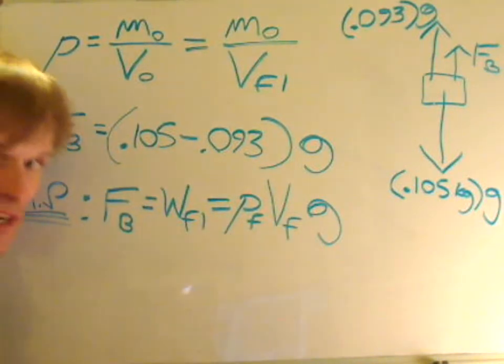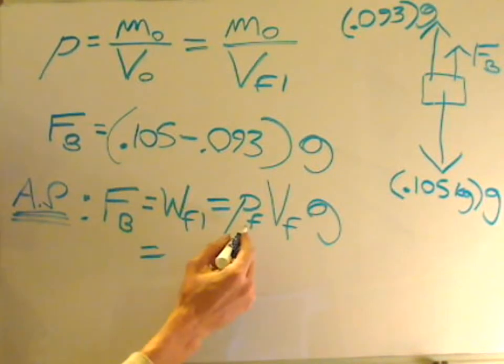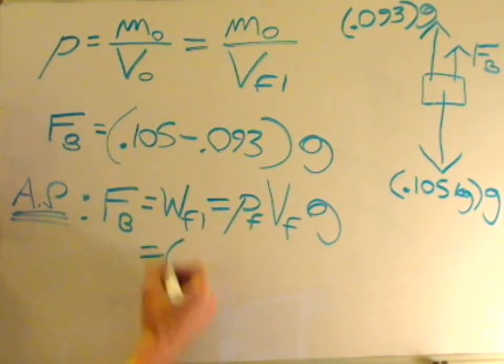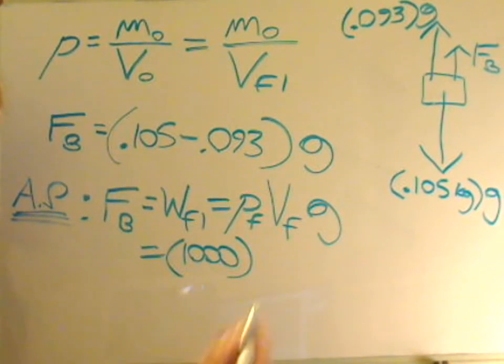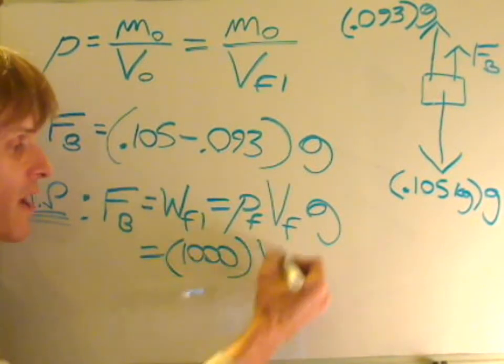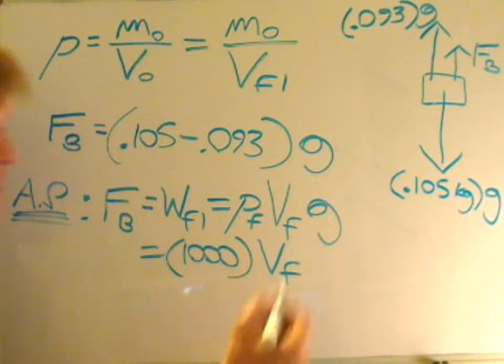This is an equation we developed in our lecture. So we can plug that stuff in. The density of the fluid we're submerged in is water, so that's 1,000 kilograms per cubic meter. The volume of the fluid is what we're trying to solve. And then we have g.